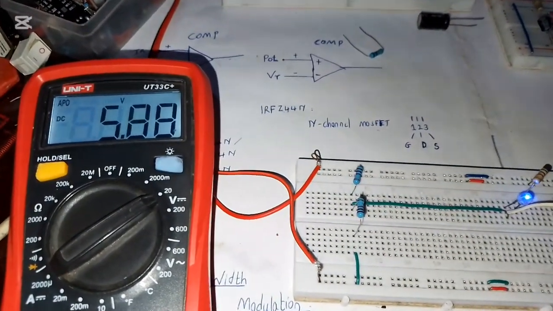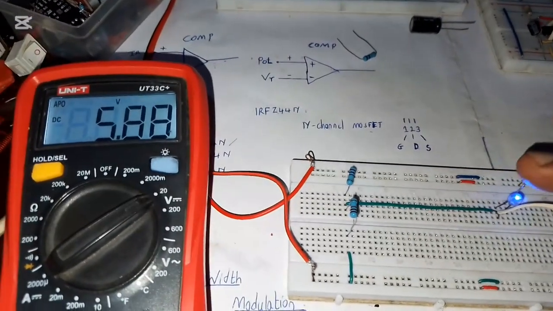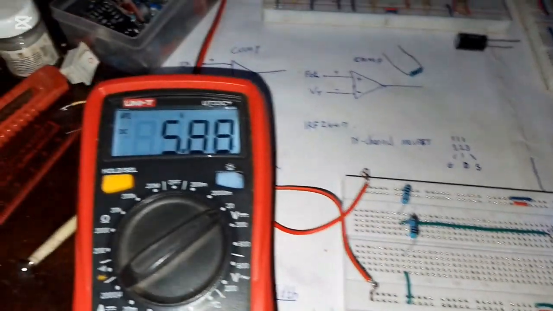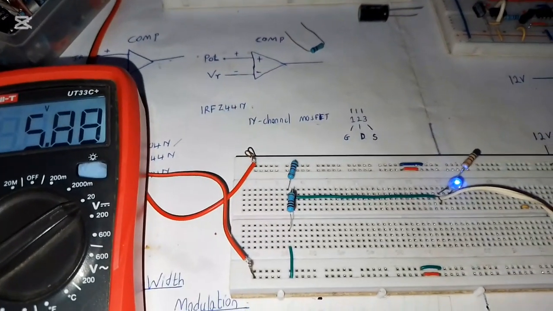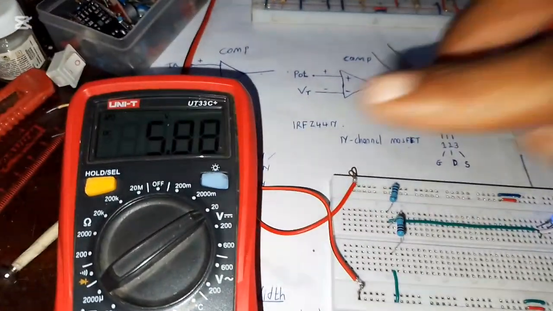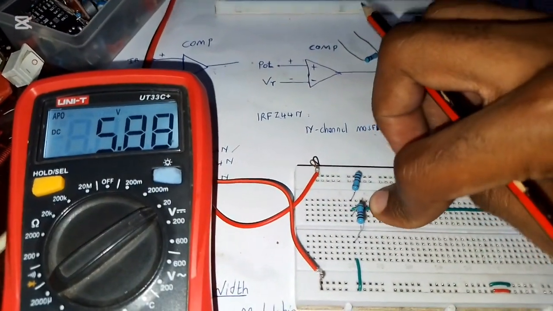So this is the main issue that we normally have with a voltage divider. It only gives you the required voltage if there is no load at the output. But if there's a load at the output, the value of the output from the voltage divider changes.